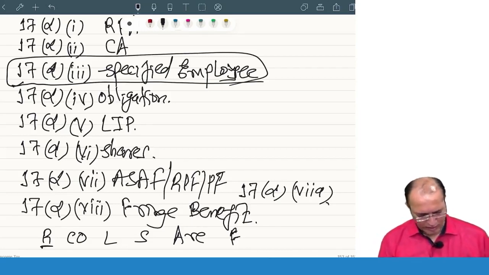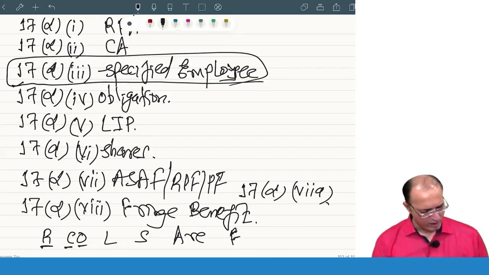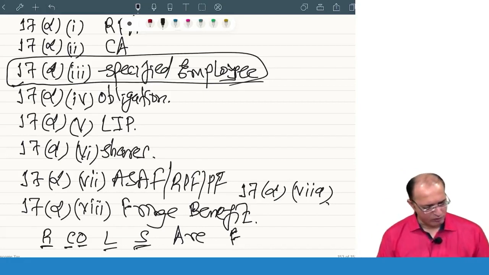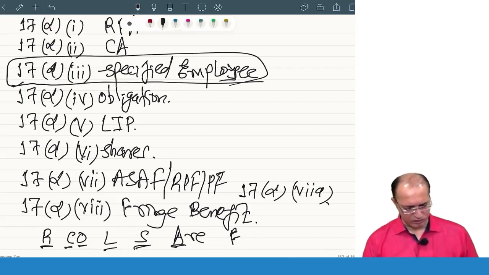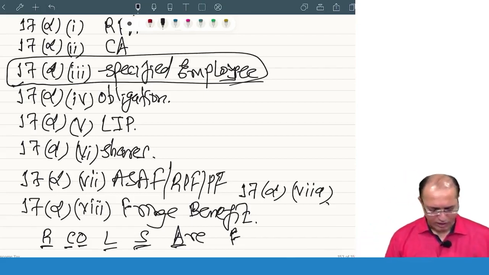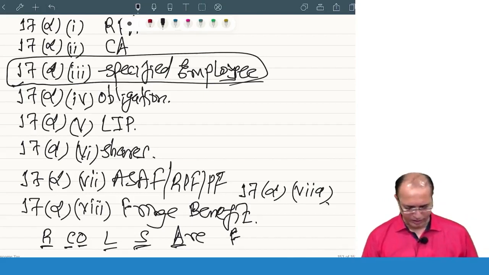R is rent-free accommodation. C is concessional accommodation. O is obligation of employee met by employer. L is life insurance premium. S is shares or securities issued by employer to employee free of cost or at concessional rate. Next is employer's contribution to approved superannuation fund, recognized provident fund, pension scheme.